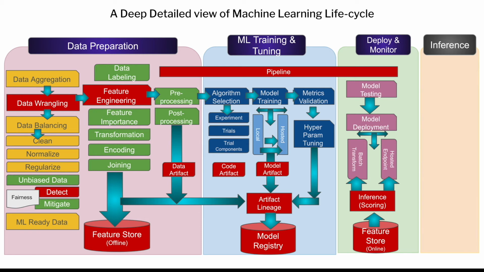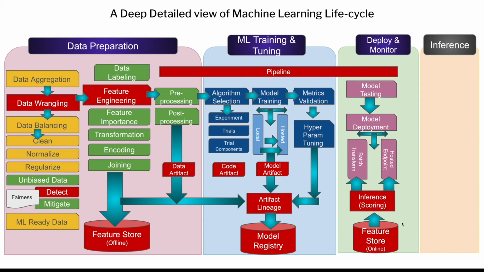The big difference here is that if you remember, when this data was being fed into the data preparation system, we went through several data wrangling steps and then feature engineering steps. All those things were used to take your input data and enhance it in a way that it can be used for machine learning training.